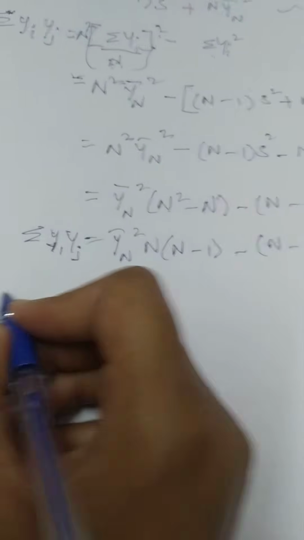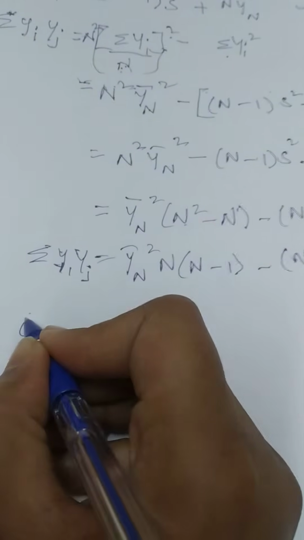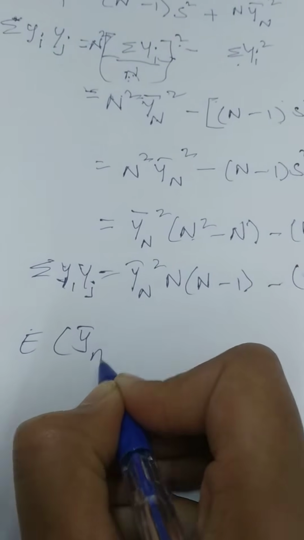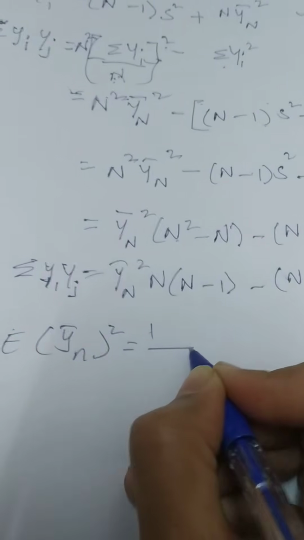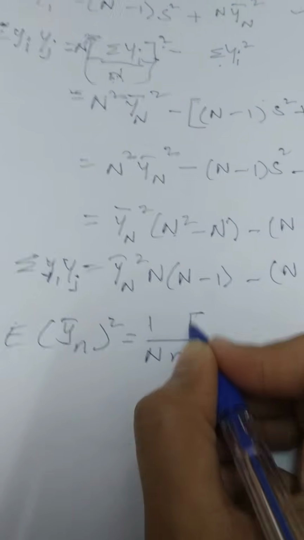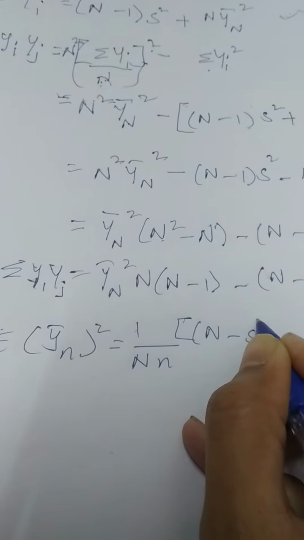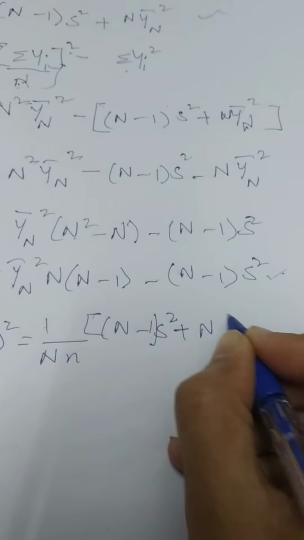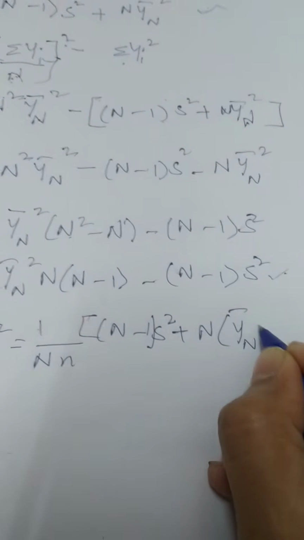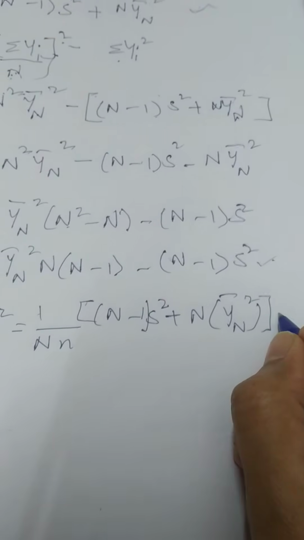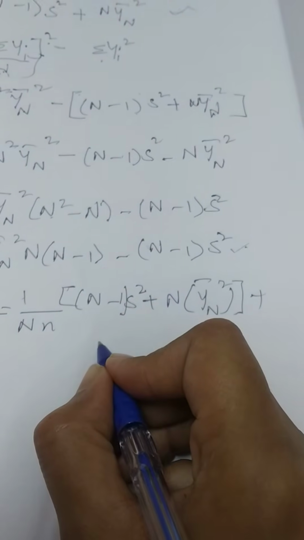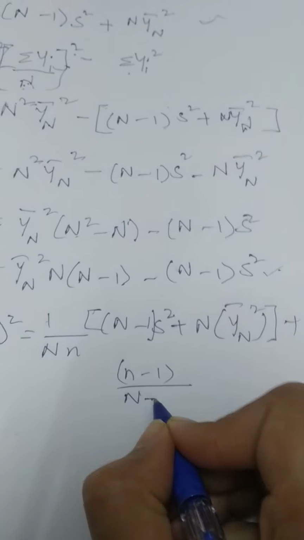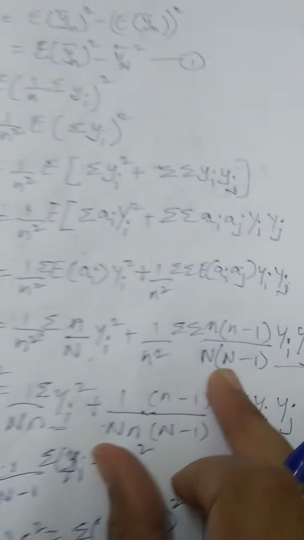Okay, so it will be expectation of y bar of n whole square is equal to 1 by capital N small n into (capital N minus n) s square, plus n into y bar of n square, plus (n minus 1) by (capital N minus 1) of n, this one, (n minus 1), (capital N minus 1).